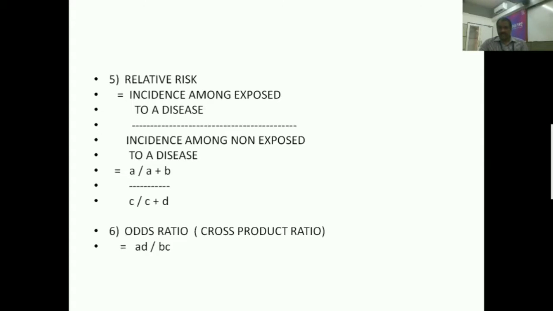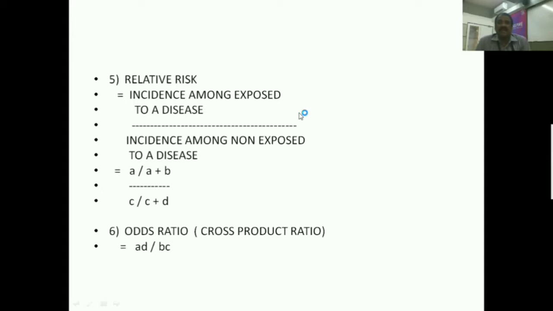Once again, I'm repeating: relative risk is the incidence among exposed to a disease divided by incidence among non-exposed to a disease.